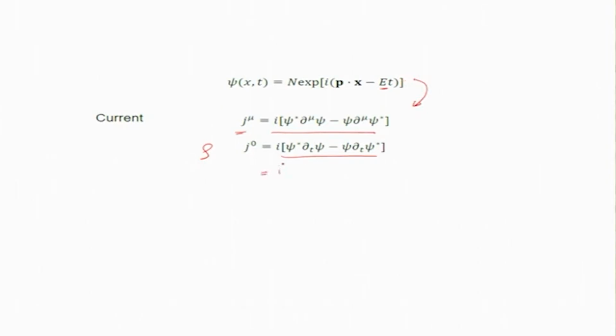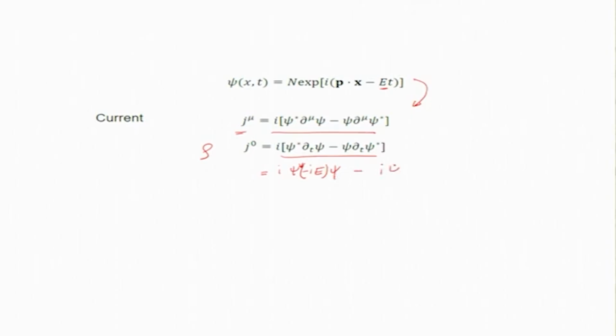The i will become minus i, and d by dt of psi gives minus iE, correct; this will come here with psi star, and that is the first term.